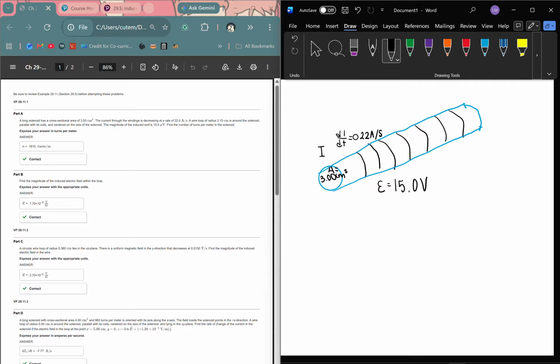So we're trying to find the number of turns per meter in the solenoid.